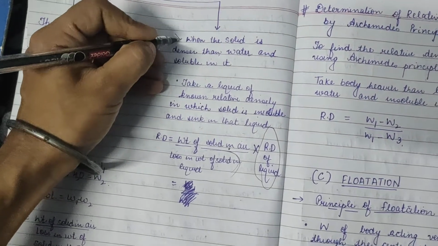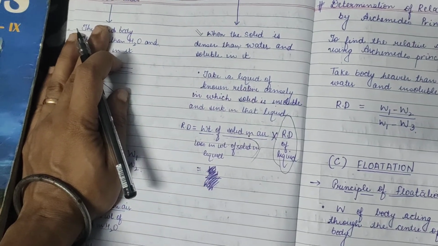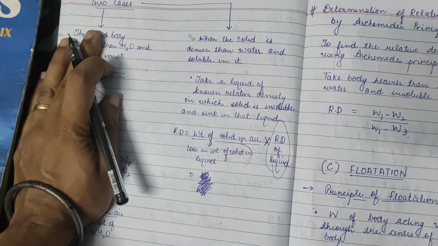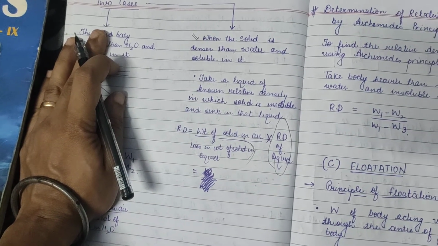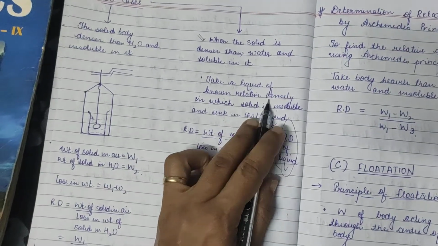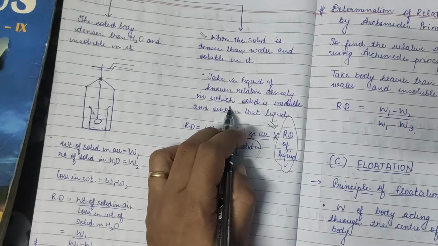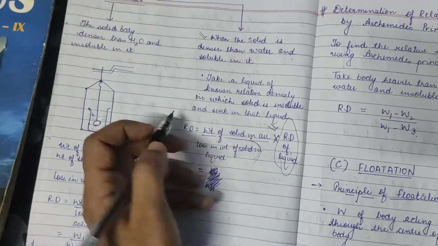So when we have a solid denser than water and soluble in it, we will take a liquid of known relative density, in which the solid is insoluble and sinks.